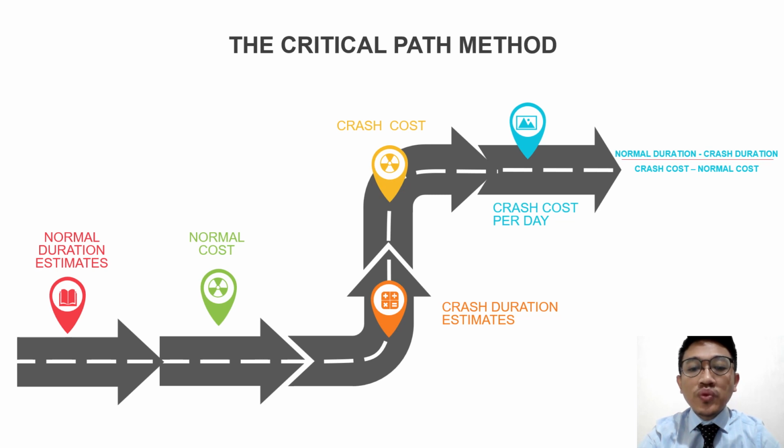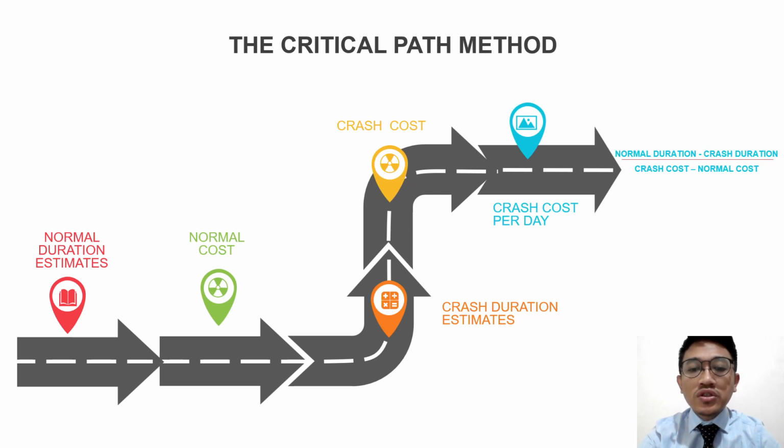The difference between the normal duration and crash duration, along with the variance in normal and crash costs, form the basis for decision making. The crash cost per day illustrates the additional cost incurred per day to expedite an activity.